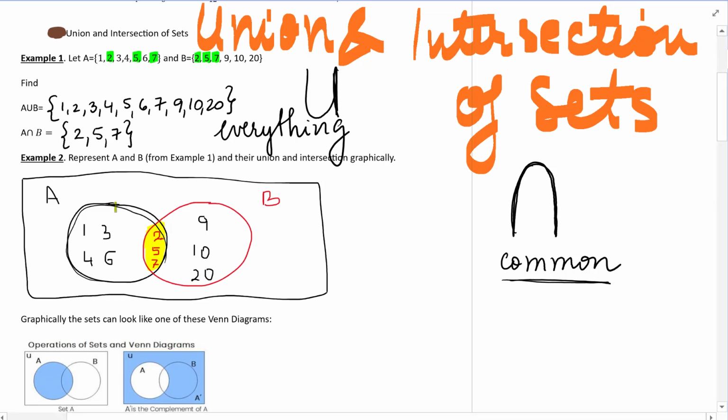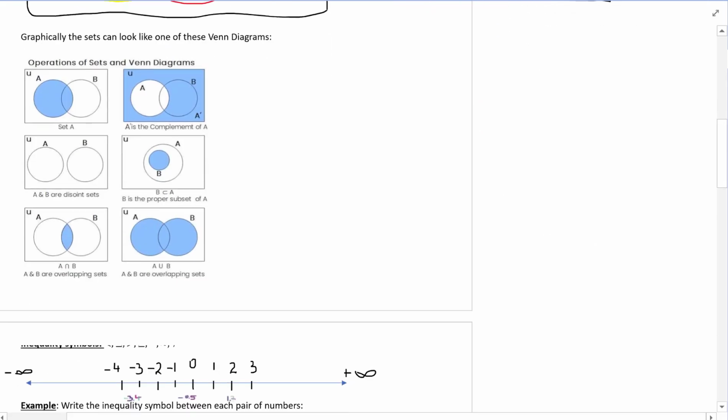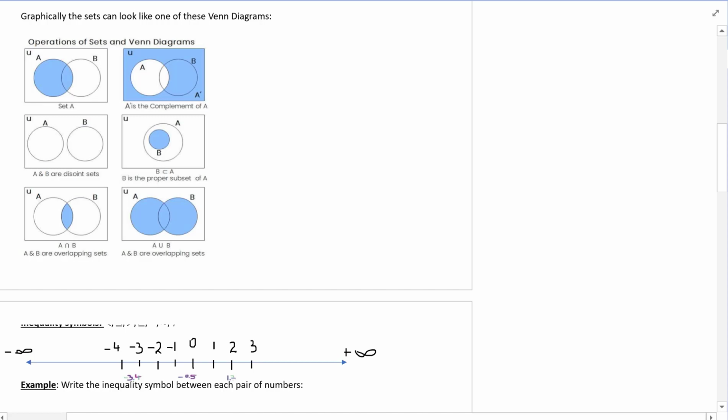And then this part here, the whole thing is A, while the part that I'm highlighting only with blue, it's elements that are only in A. So 1, 3, 4, and 6. While the part that I'm going to highlight in green, 9, 10, and 20 are elements that are only in B.